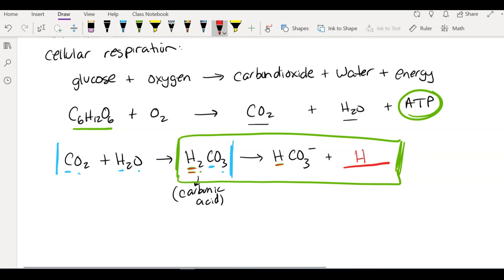As far as carbon goes, one carbon here, one carbon there, balanced. 1, 2, 3 oxygens here, 1, 2, 3 oxygens here, balanced. This guy needs to be balanced out as well, which is why this hydrogen has to be charged, +1 charge.